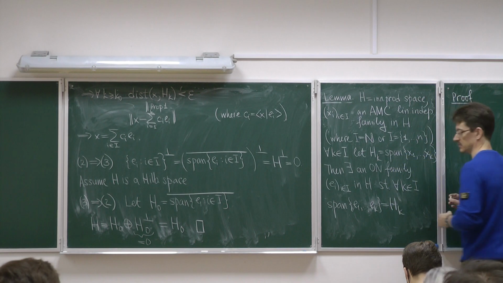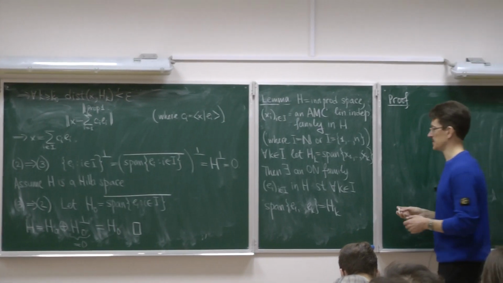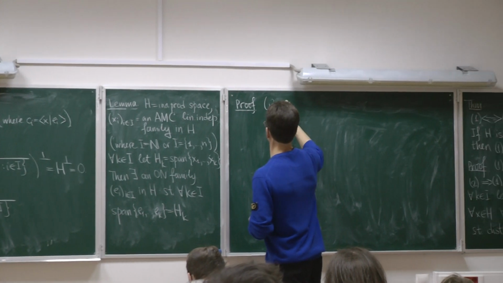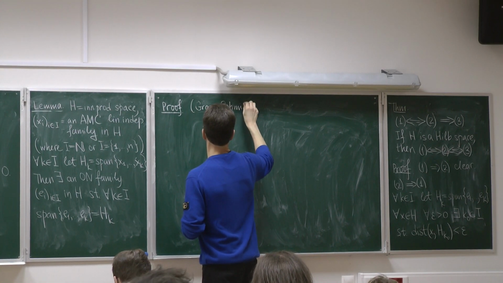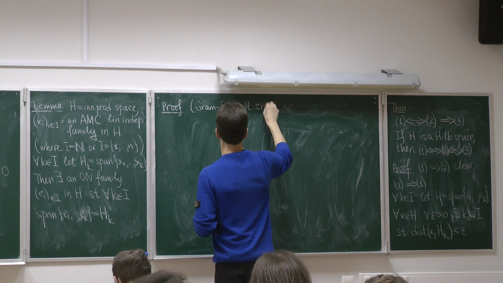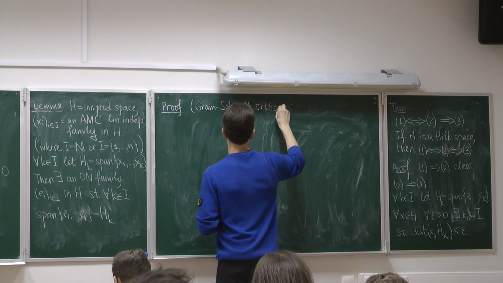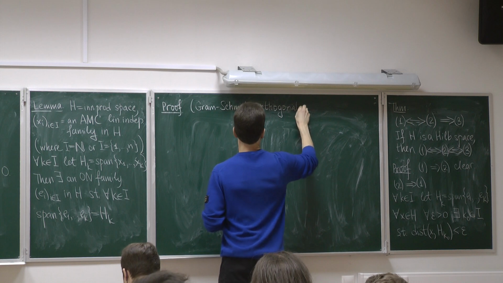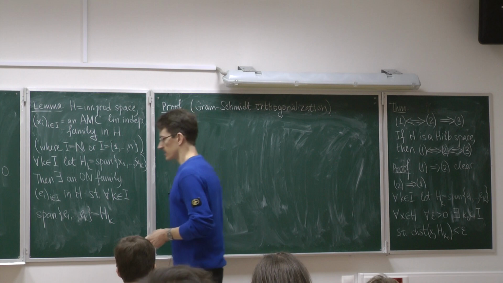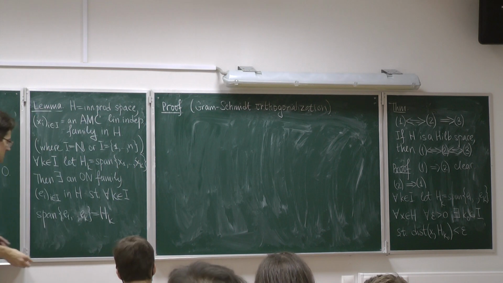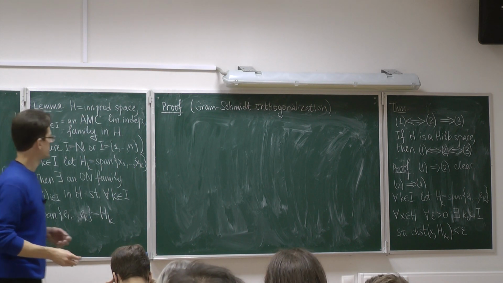This is the so-called Gram-Schmidt orthogonalization process. So we use induction on k.